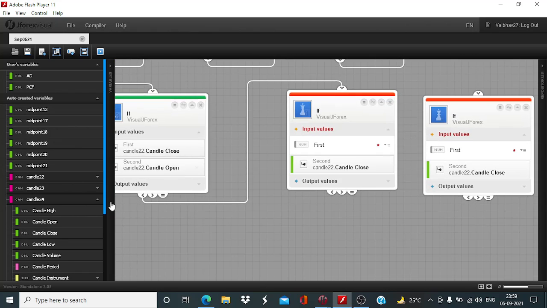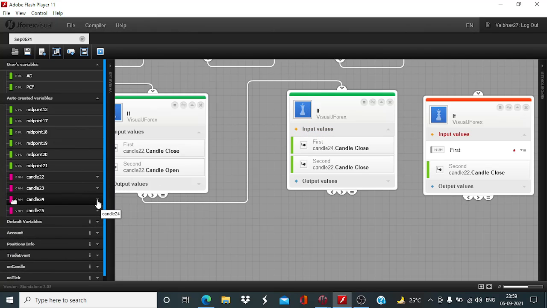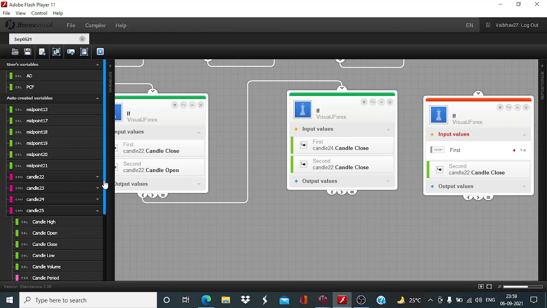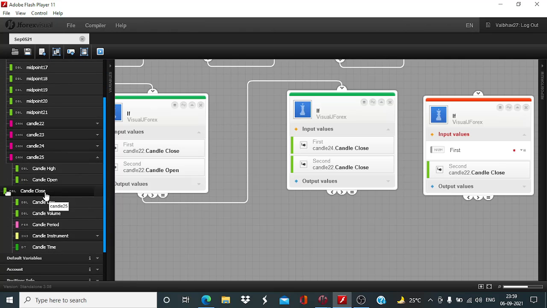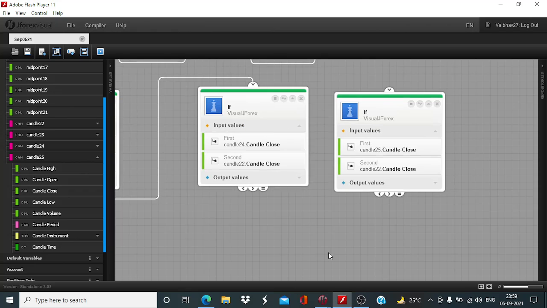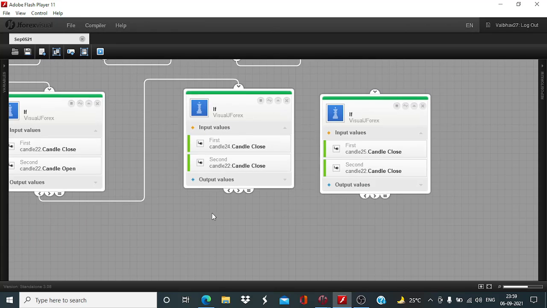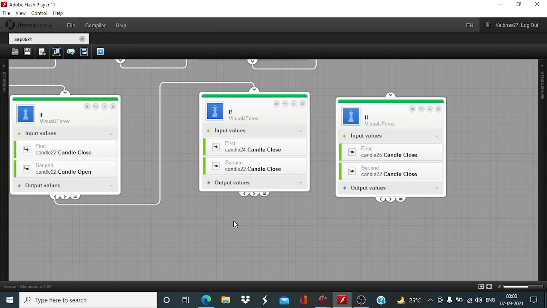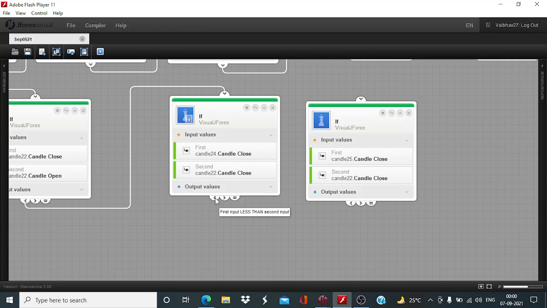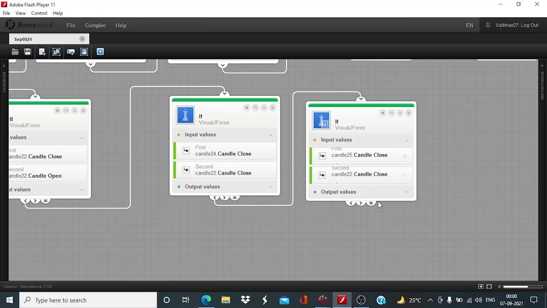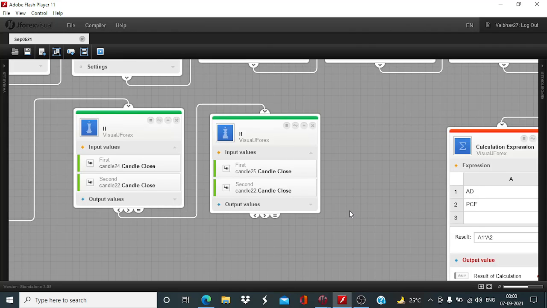So we need the last 10-second candle close to be lower, whereas candle 25 closing value needs to have been higher. First input less than second input, and in this case it will be reverse.